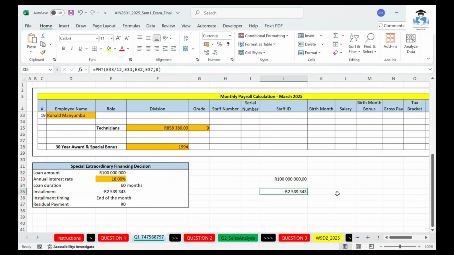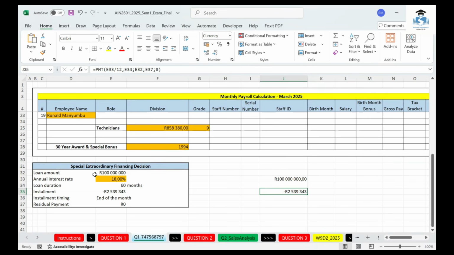Sometimes they might also ask you for the duration of the loan, but normally these are what they ask you the most. Either this, this, or this, or this.